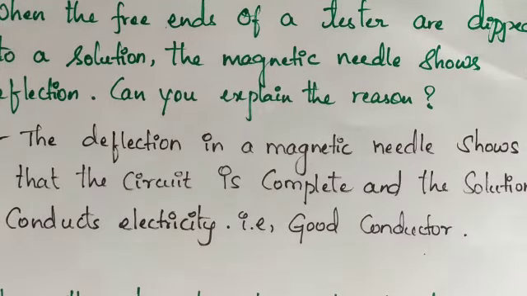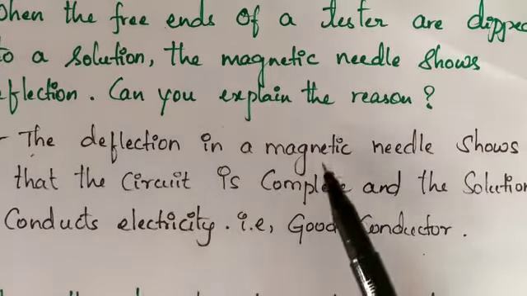When the free ends of the tester, with a battery and, instead of a bulb, a magnetic needle or magnetic compass, are dipped in the lemon juice, the needle shows deflection. Why does it show deflection?